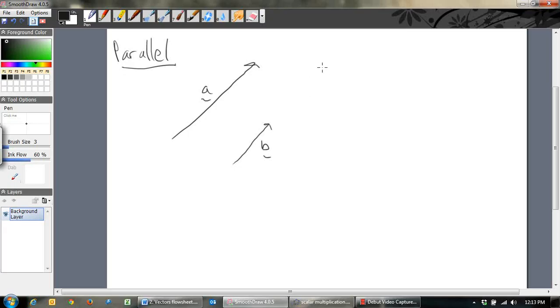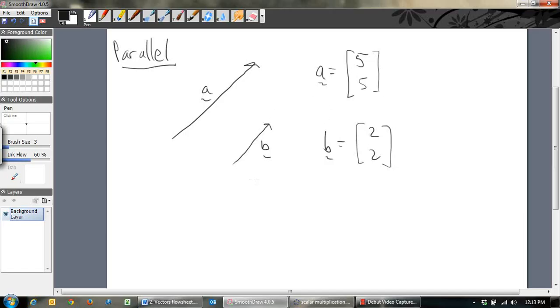So let's just say A was equal to, it looks like about 45 degrees, so let's just say (5, 5). And let's say that B is equal to (2, 2). Don't forget the tildes. So if you look at those two vectors, when are they parallel?